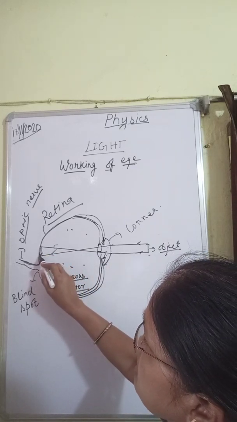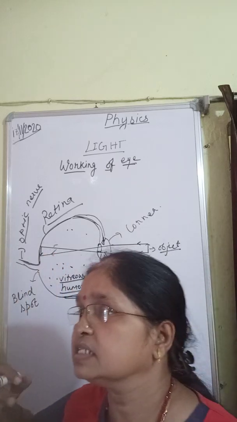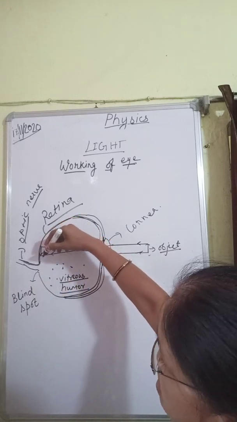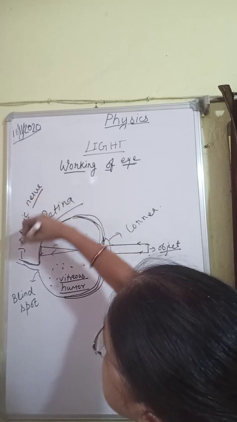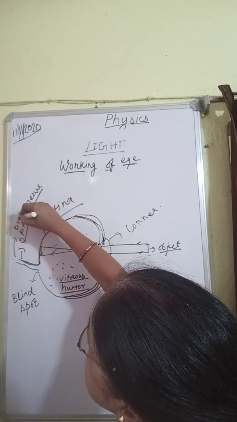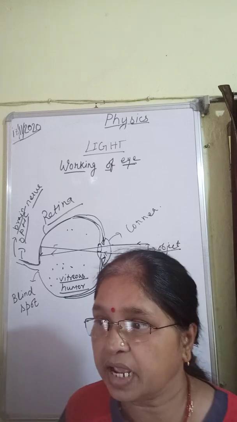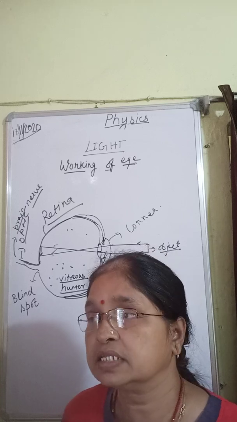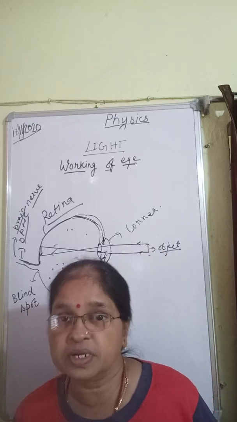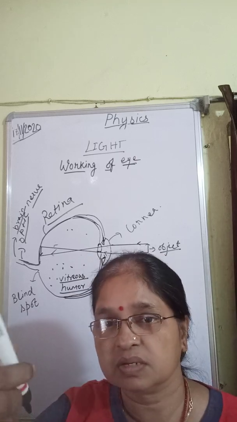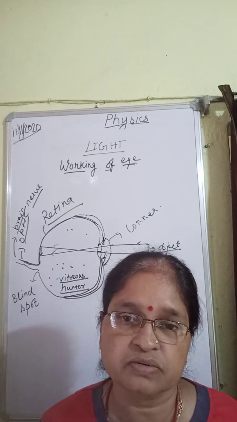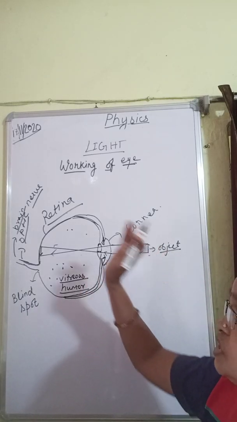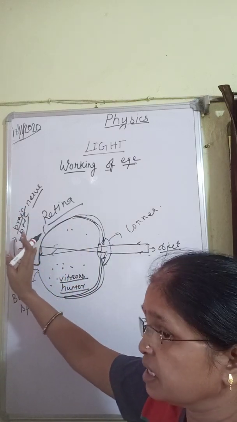At the same time it changes into an electrical signal, and that electrical signal enters the brain through the optic nerve. The brain understands and gives the response, and then only are we able to see that this is a marker in front of us. So light starts from the object and falls on the retina.